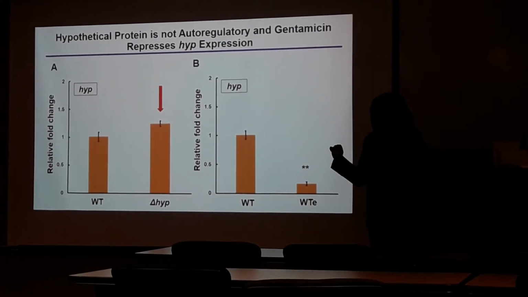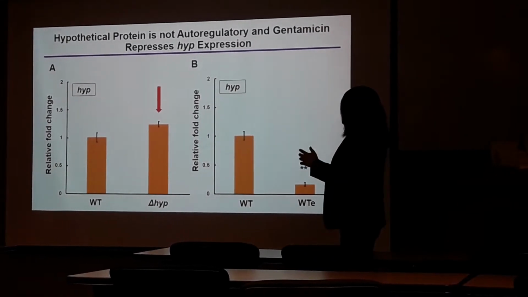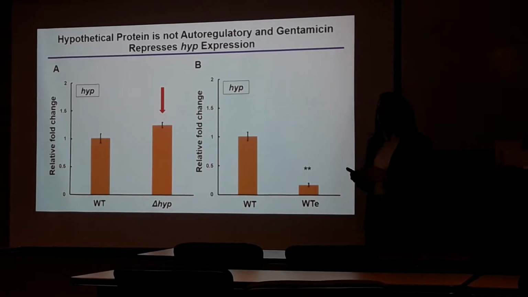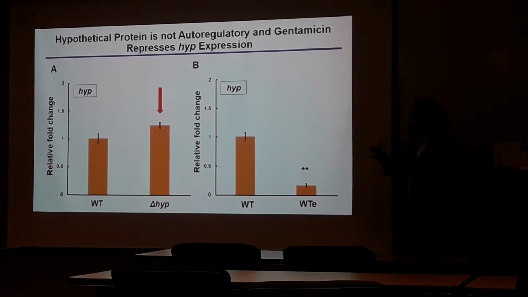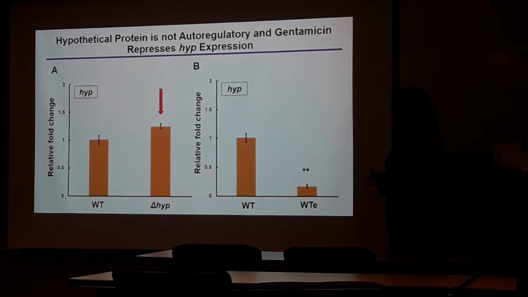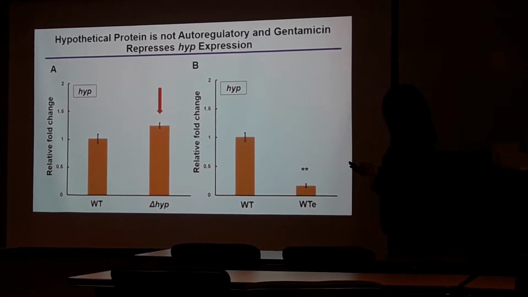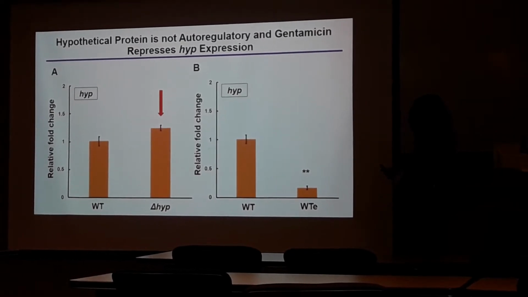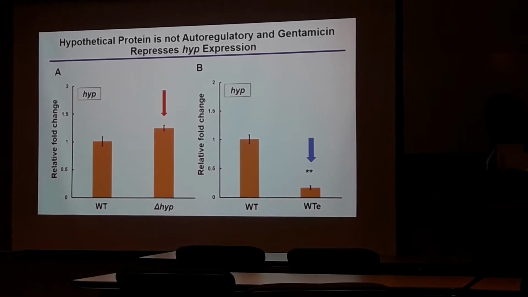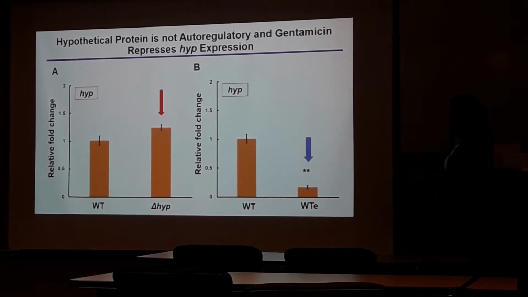Just to mention here, we designed the primer based on the upstream sequence of the transposon insertion. Now, you may remember that gentamicin represses OSTR expression. And OSTR and HIP are both controlling expression of the same target genes, RND and EMRB. So we were wondering whether gentamicin is also repressing HIP expression or not. And yes, as expected, we have seen that gentamicin is also repressing HIP expression.